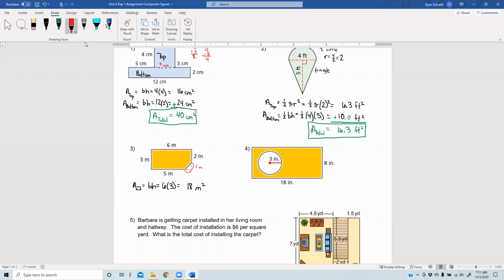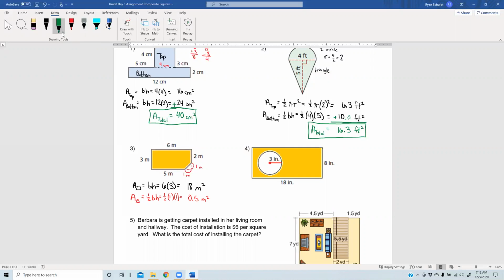This distance is 6 minus 5, which again, 1 meter. So if we want to find out the area they cut out, it's a triangle, so we do 1/2 base times height, which is just 1/2 of 1 times 1. That's just 0.5 meters squared.